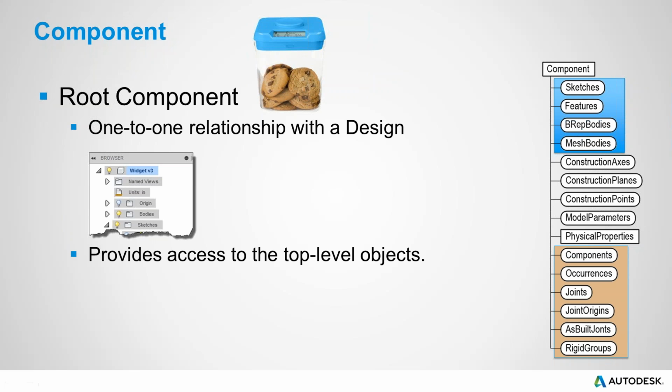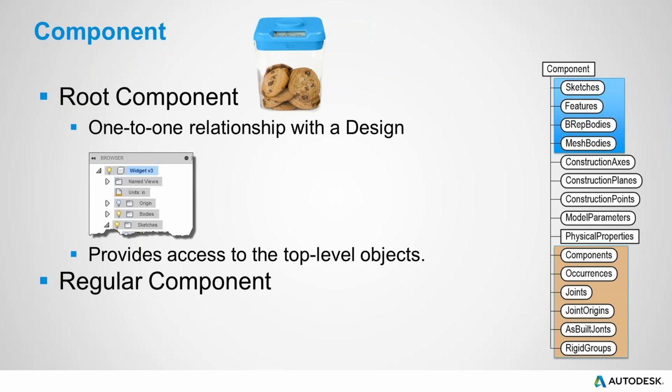And that root component provides access to these top level ones that you see in the diagram on the right. So you can get all of that. Besides the root component, you also have other components, because when I'm building a model, and we'll look at this in a second, I can say create a new component. Those aren't root components, those are components inside the root component. So I'm differentiating here: root component and regular component.